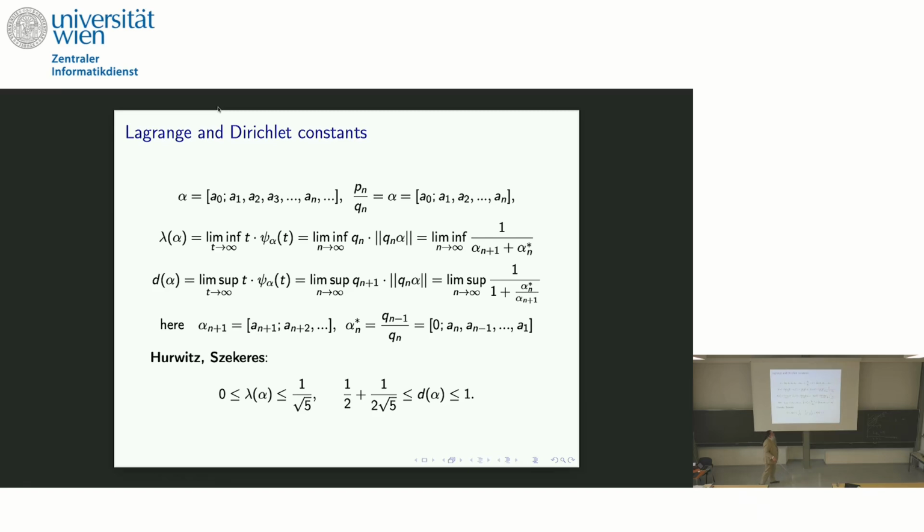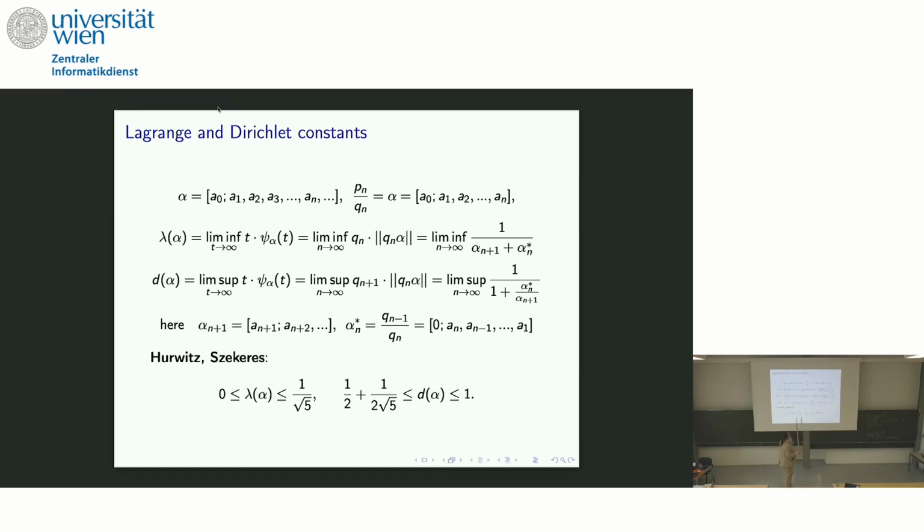We have nice Perron formulas in terms of continued fractions. Here I recalled that alpha_{n+1} is just the tail, and alpha star is the inverse of the beginning. And we have a very nice formula which expresses this product. By the way, this product is the area of this rectangle, while the product for the Dirichlet constant is the area of the larger rectangle.